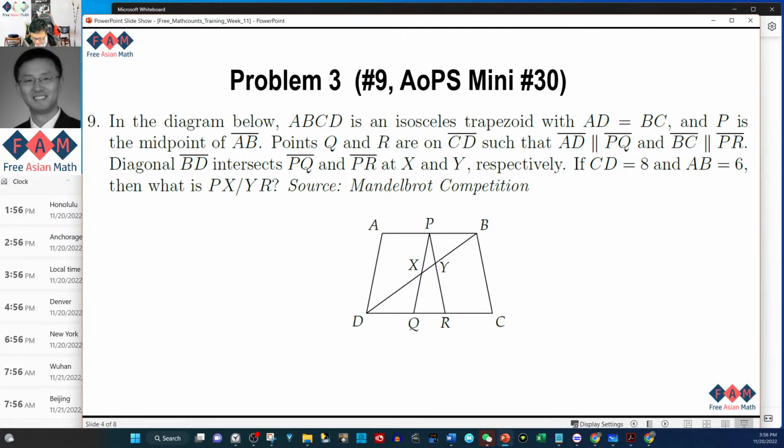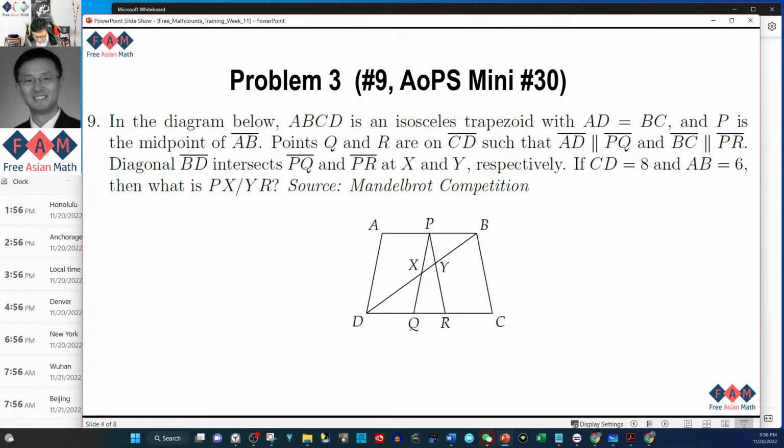AB is shorter, right? So the midpoint of AB is P. Then you draw two parallels, PQ parallel to the left-hand side AD, and PR parallel to the other side BC.